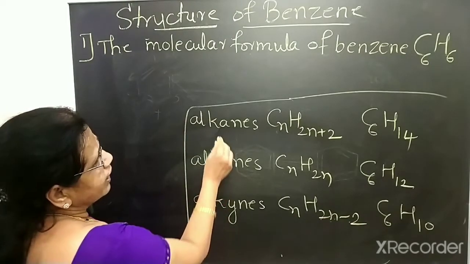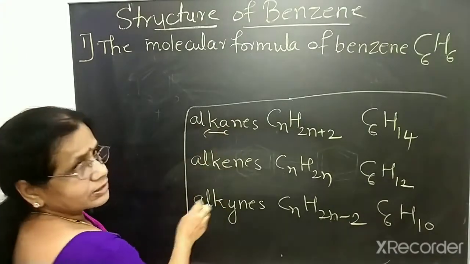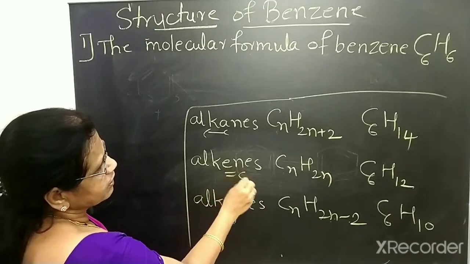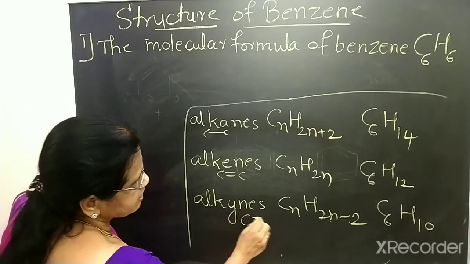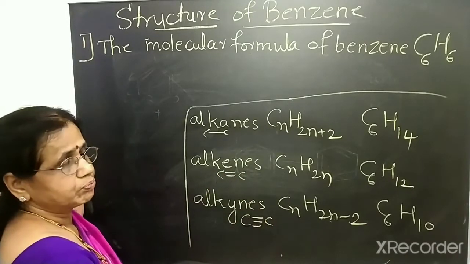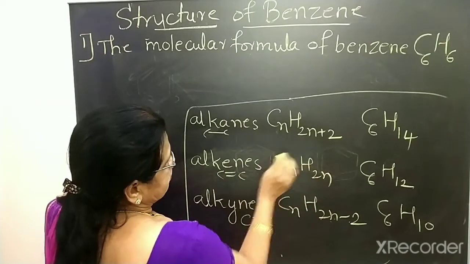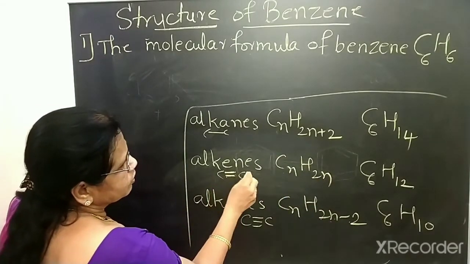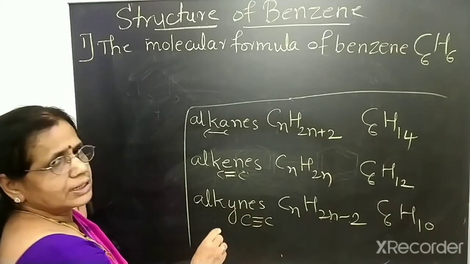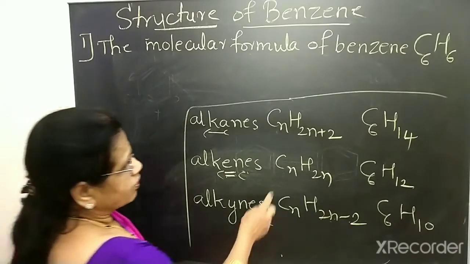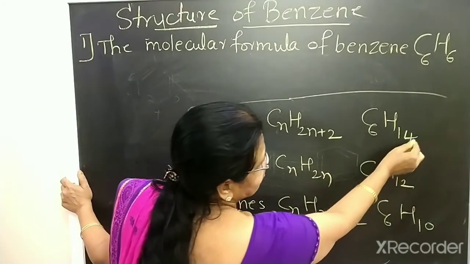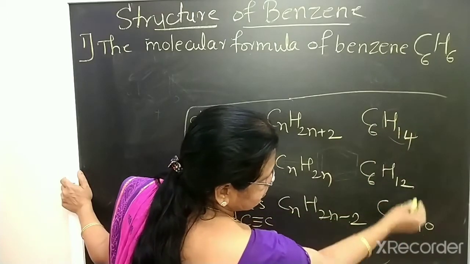So you know alkanes contain carbon-carbon single bonds, alkenes contain carbon-carbon double bonds, alkynes contain carbon-carbon triple bonds. The compounds having double bonds and triple bonds are unsaturated compounds. In unsaturated compounds, the number of hydrogen atoms is decreasing.